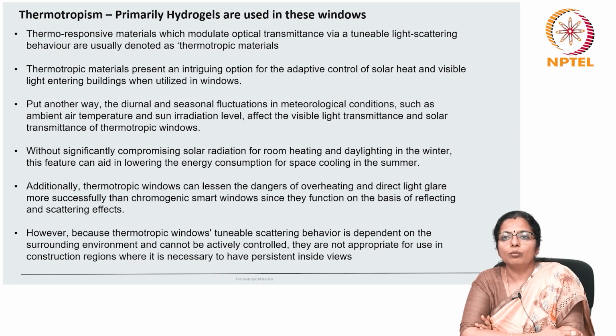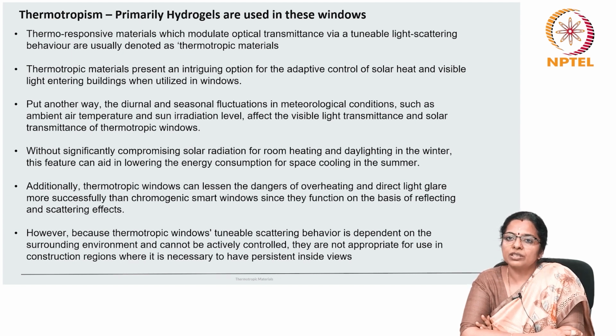Additionally, thermotropic windows can lessen the dangers of overheating and direct light glare more successfully than chromogenic smart windows, since they function on the basis of reflecting and scattering effects.